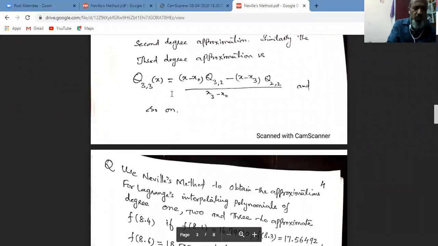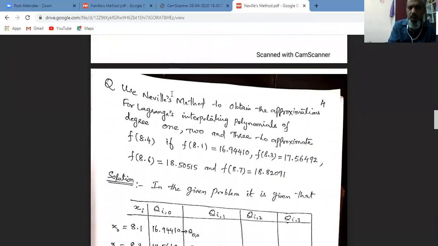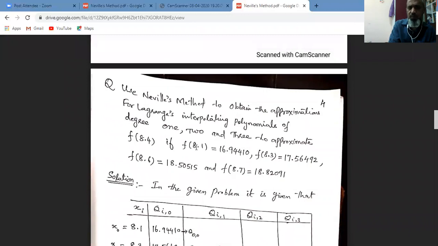Now, one problem we will do on Neville's method. The problem is: use Neville's method to obtain the approximations for Lagrange's interpolating polynomials of degree 1, 2 and 3 to approximate f of 8.4, if f of 8.1 is given as 16.94410, f of 8.3 is 17.56492, f of 8.6 is 18.50515 and f of 8.7 is 18.82091.